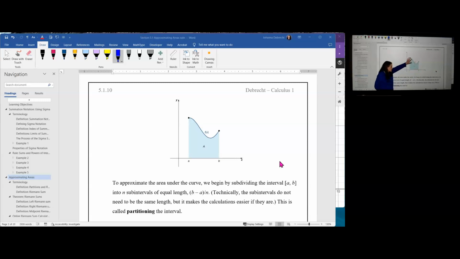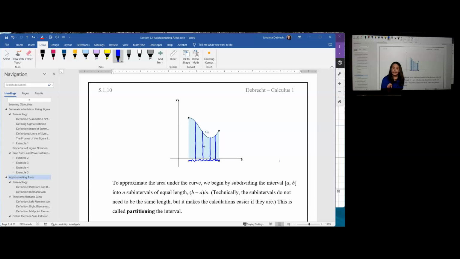When we look at this, we're going to start by subdividing the interval from A to B. We're going to divide it into small sections. If we take these, we can make vertical lines that subdivide the interval. And by subdivide the interval, I mean I'm taking little regions down here.